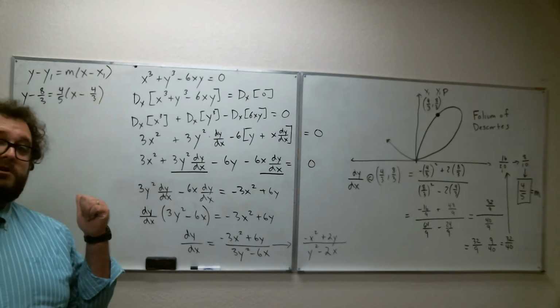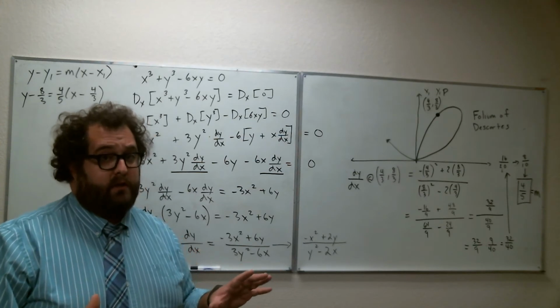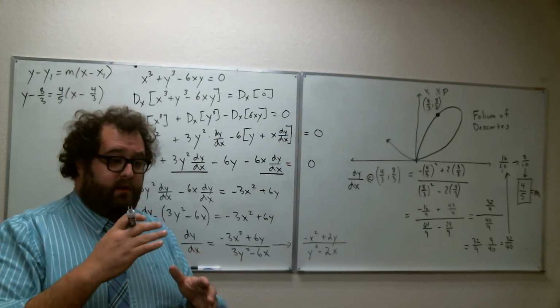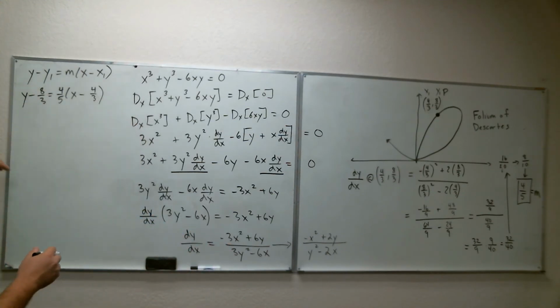Now that is the equation, but that's the equation in point slope form. Typically we want the equation in slope-intercept form that is solved for y. So let's just go ahead and do that.